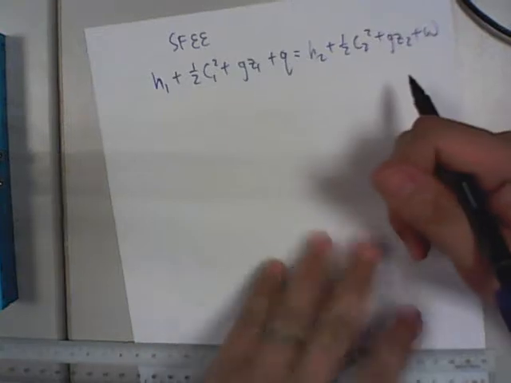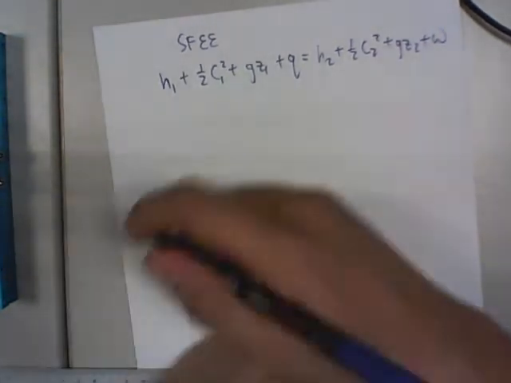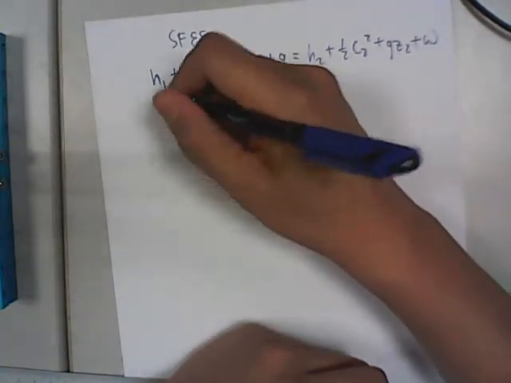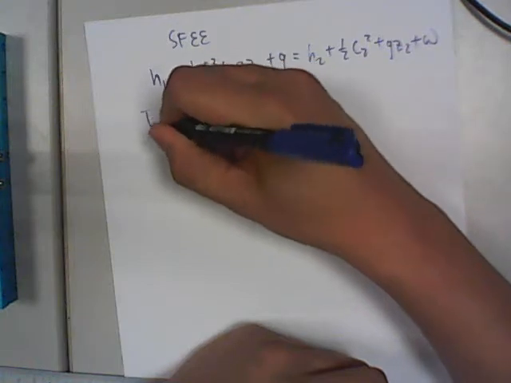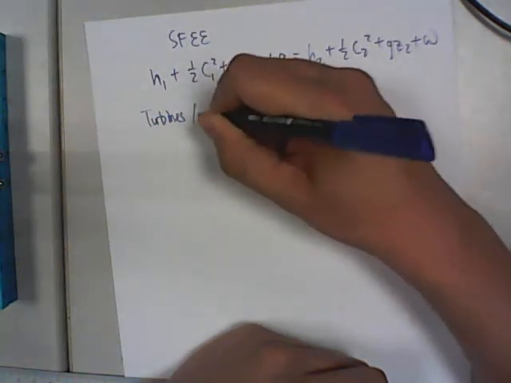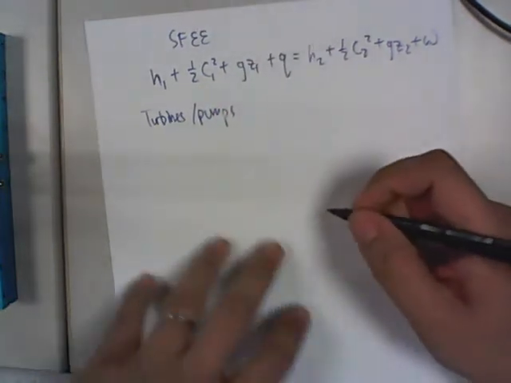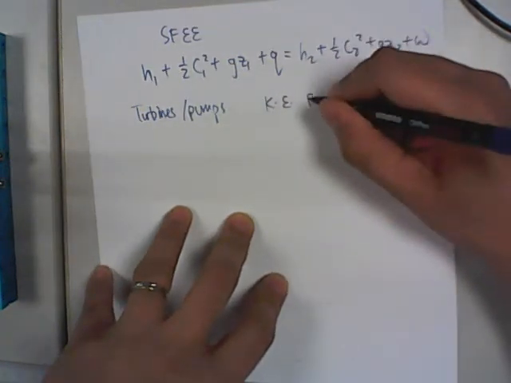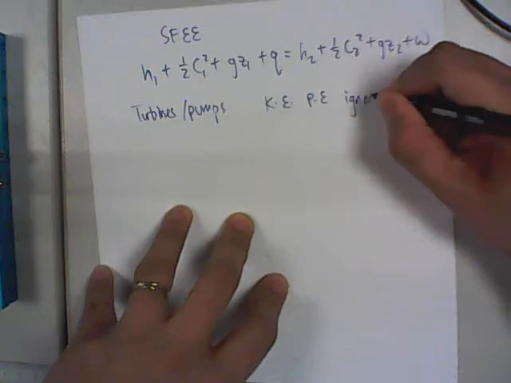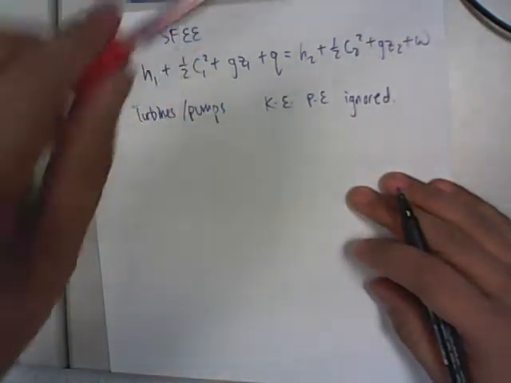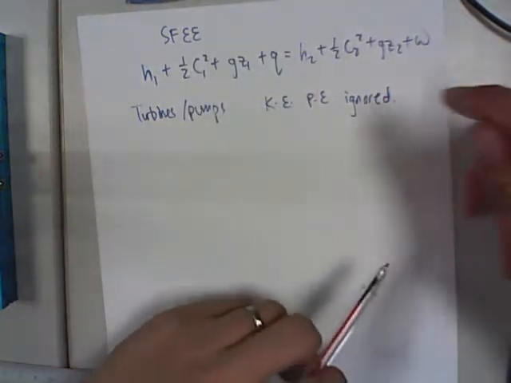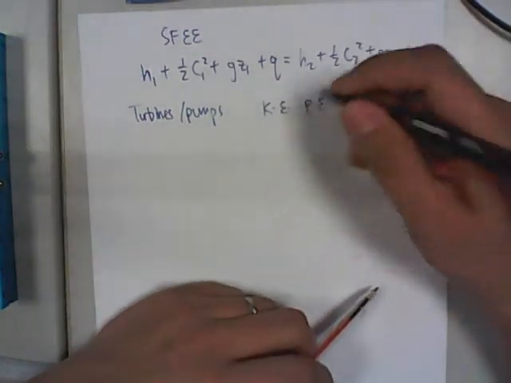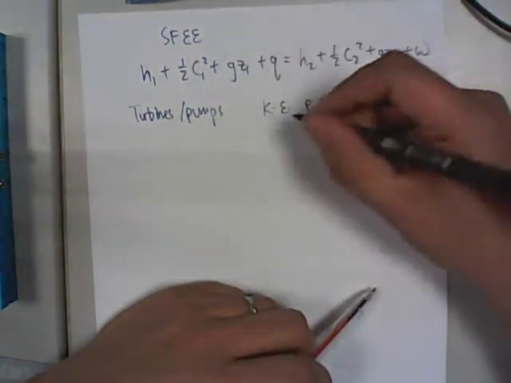So what we did was that we say that there are three types of devices. One type is your turbines and pumps. Sometimes the assumption can be that the kinetic energy and potential energy can be ignored, which means these two terms can be ignored, and in its simplest form, there is no heat transfer, which means the system is insulated.